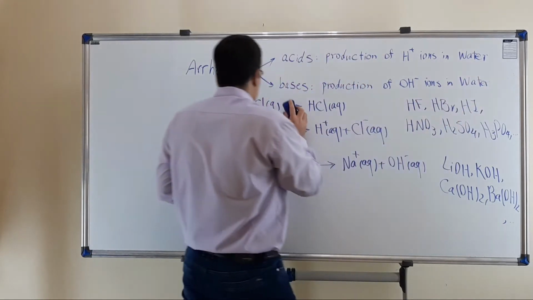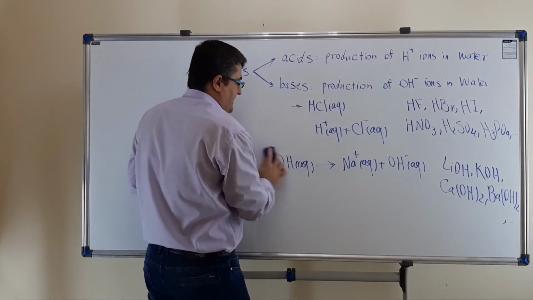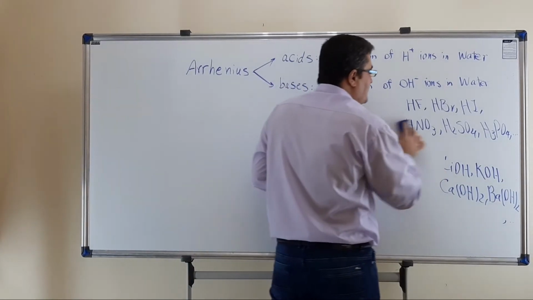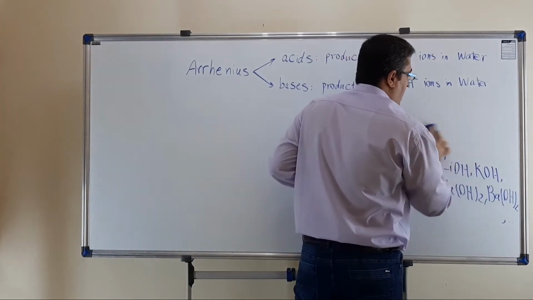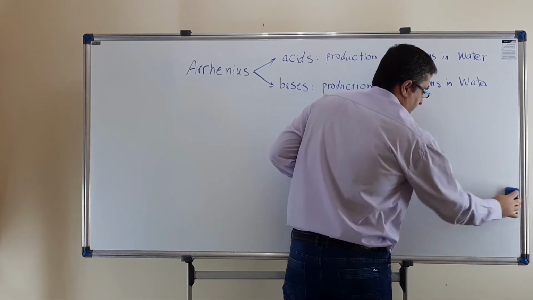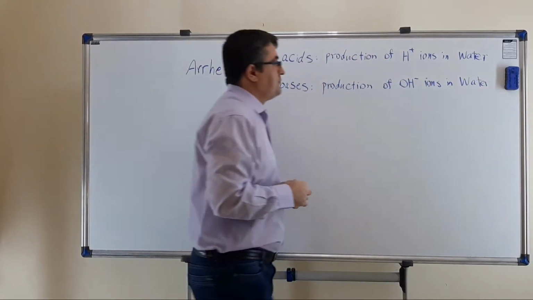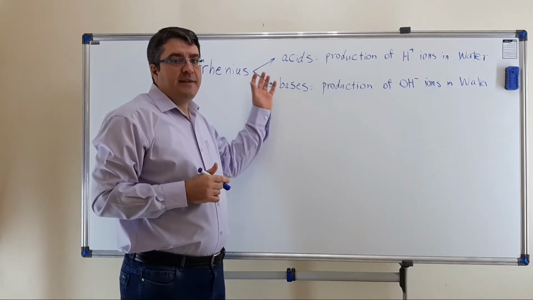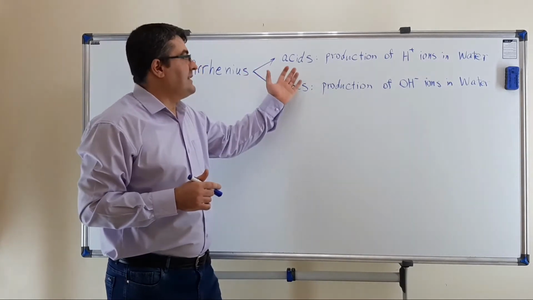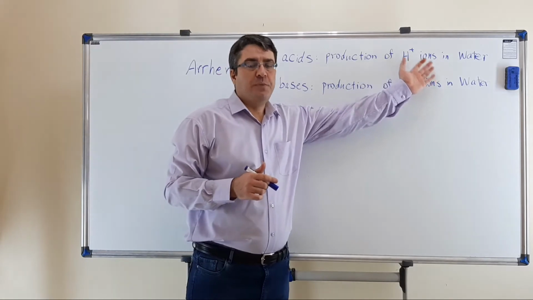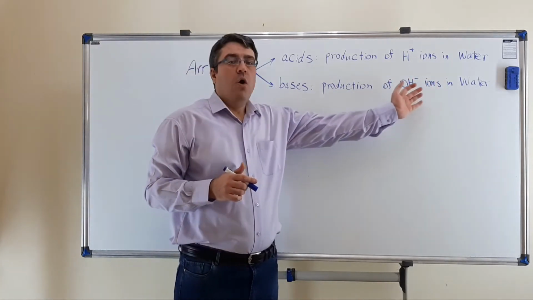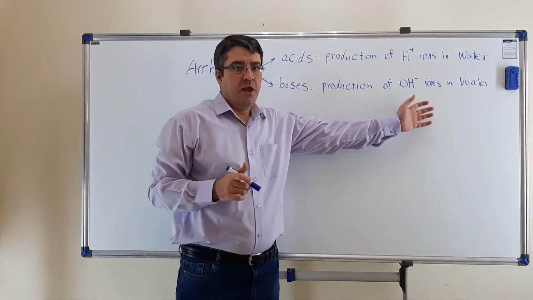In the context of acids and bases, acid-base reactions or reactions between acids and bases are very important. Based on the Arrhenius definition, acids are producers of H+ ions and bases are producers of OH- ions.